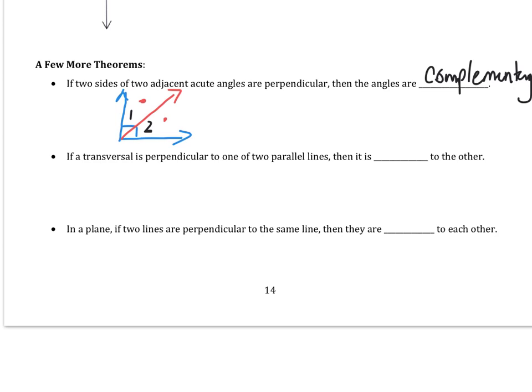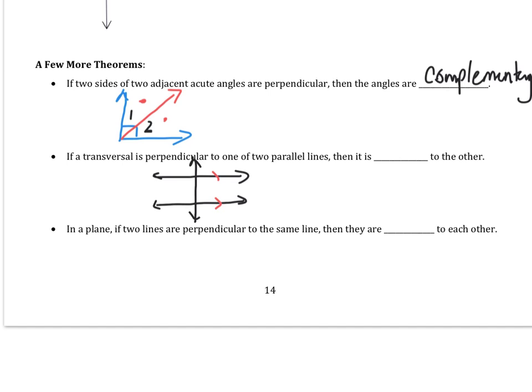Number 4. If a transversal is perpendicular to 2 parallel lines, okay, so we've got a set of parallel lines. I'm going to mark that with my arrows. So parallel, parallel. And the transversal is perpendicular to one of them.